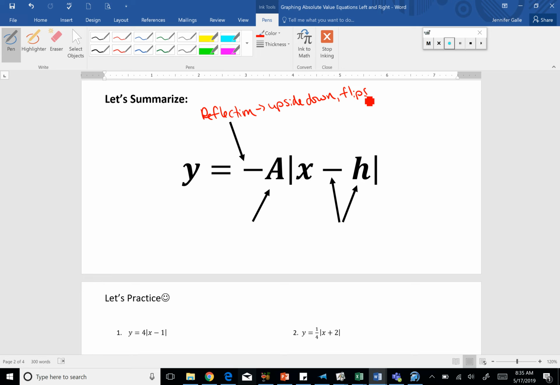Now that actual A value, that actual number piece, remember that's the slope of the right side. Bigger than 1, we stretch, which means our graph is skinnier.